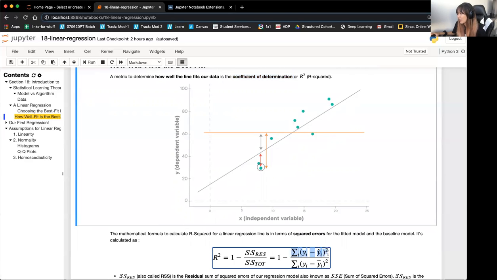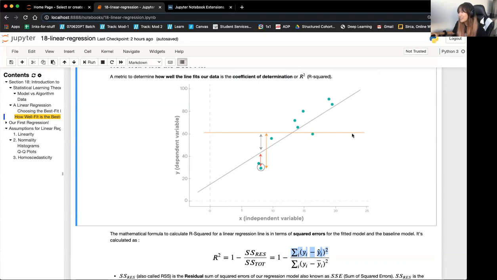This will be the numerator up here. Next, we do the same thing, but compare it to the baseline, taking the distance from each point to this baseline.